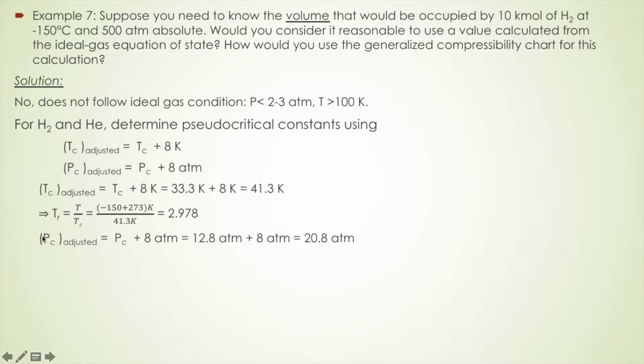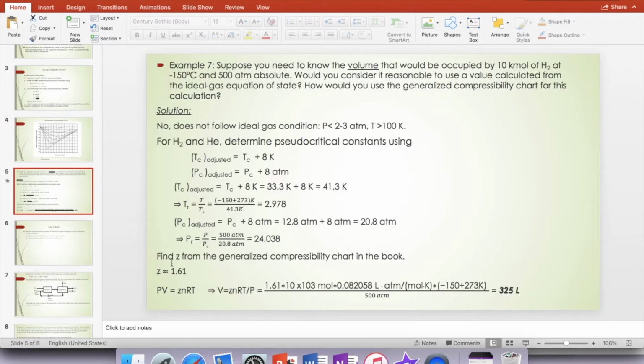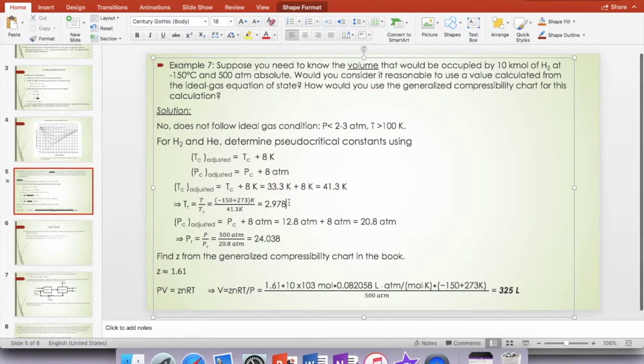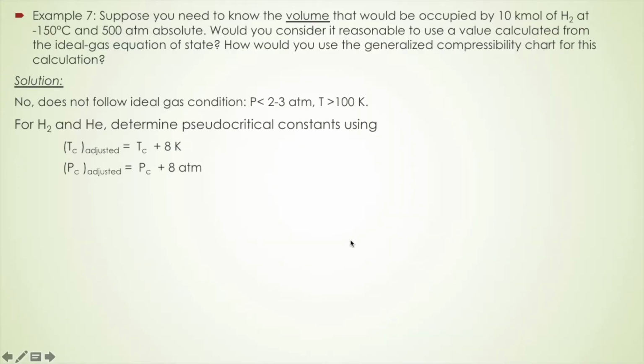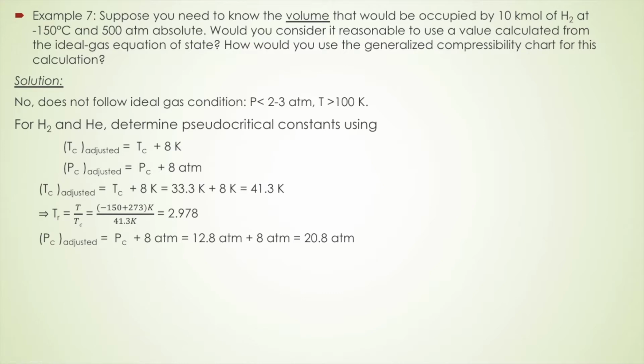Use this adjusted P sub C to calculate the adjusted value for the reduced pressure. It does not have a unit because the units cancel out, so the reduced temperature and reduced pressure are dimensionless.